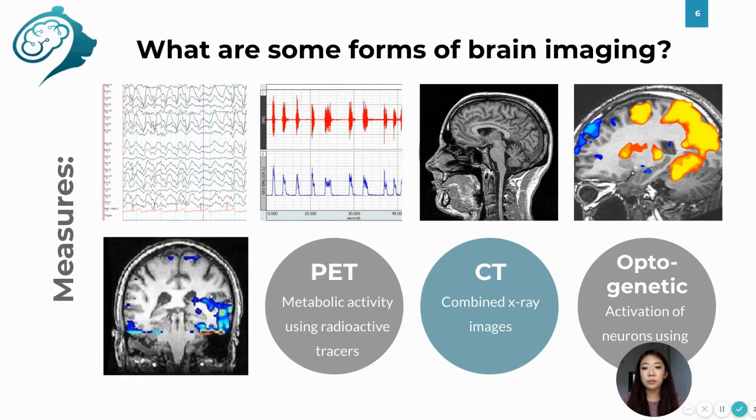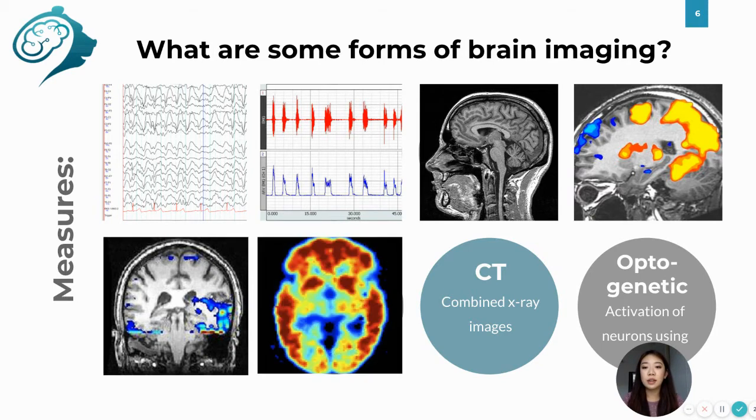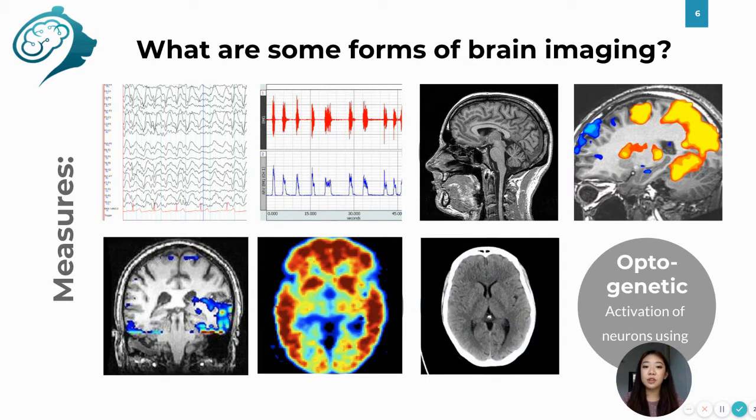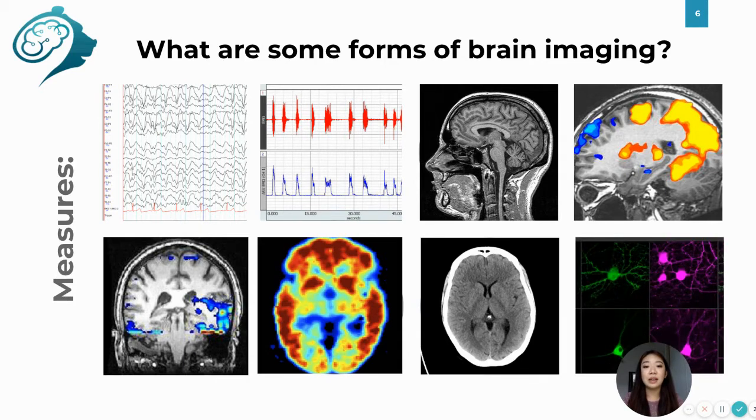There's also MEG, which measures magnetic fields in the brain, PET scans, which measure metabolic activity using radioactive tracers, CT scans, which are combined X-ray images, and a newer form of brain imaging called optogenetics, which is the activation of individual neurons using really focused lights. So here it's the most precise view because we can see the individual neurons versus these larger scale brain images.